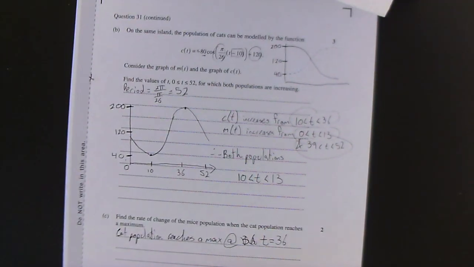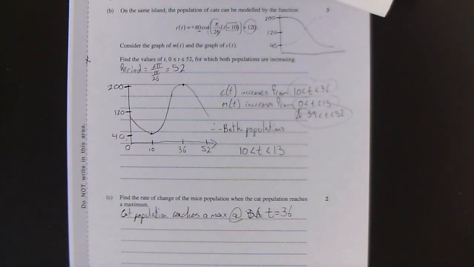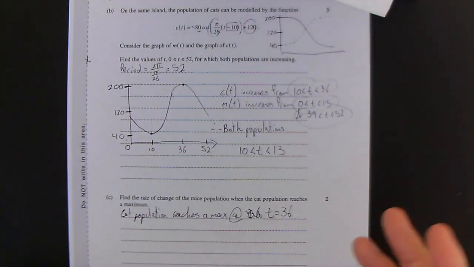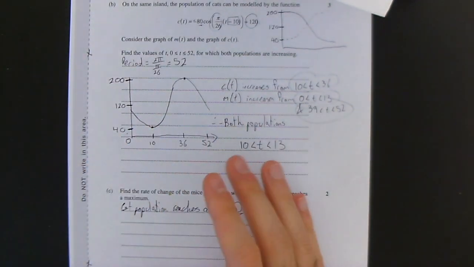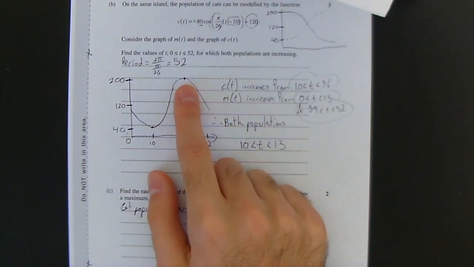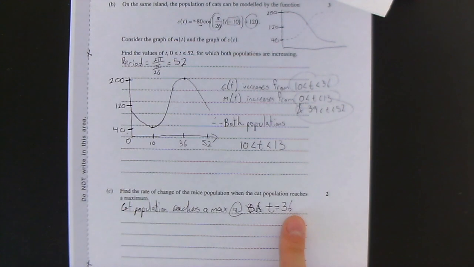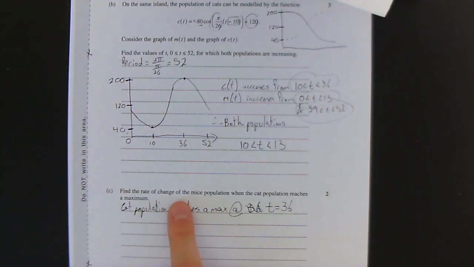Okay. So traditionally, whenever we see the word maximum, we want to derive and then let the derivative equal 0, and so on and so forth. But in this specific case, because we have the graphs, we can clearly see that we have a maximum. Okay. And that happens at 36 seconds, which we concluded. And then, find now the rate of change of mice population.